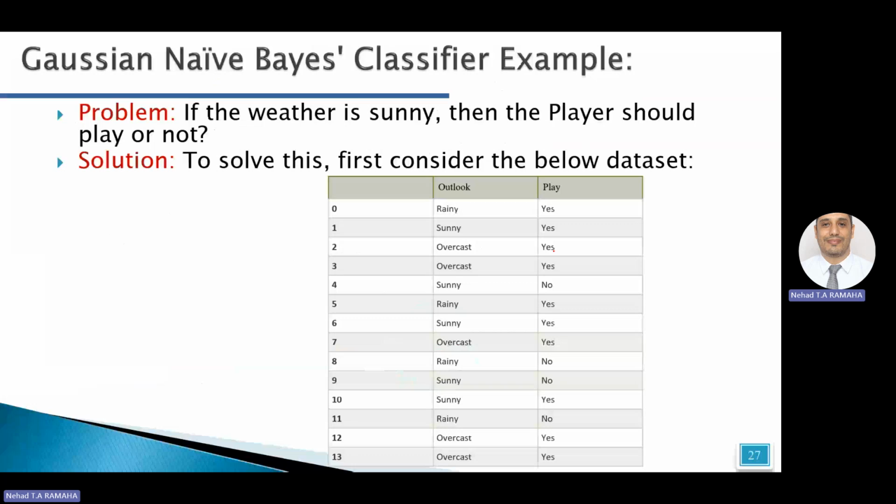This one 0.0003, this one 0.001. So under which category will the test data be categorized?